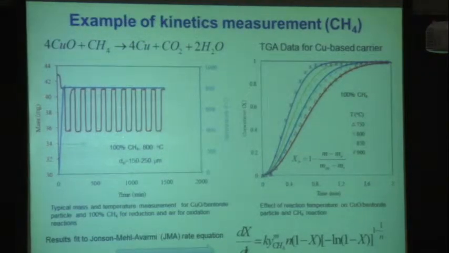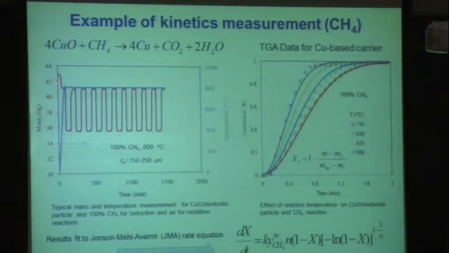And so here's an example of a TGA profile, just as I described it, where the red here is the mass. What you're doing first is putting in, in this case, methane fuel, and the weight drops because you're pulling the oxygen off. Wait a few moments, purge it out, then put oxygen in, and it goes back up.